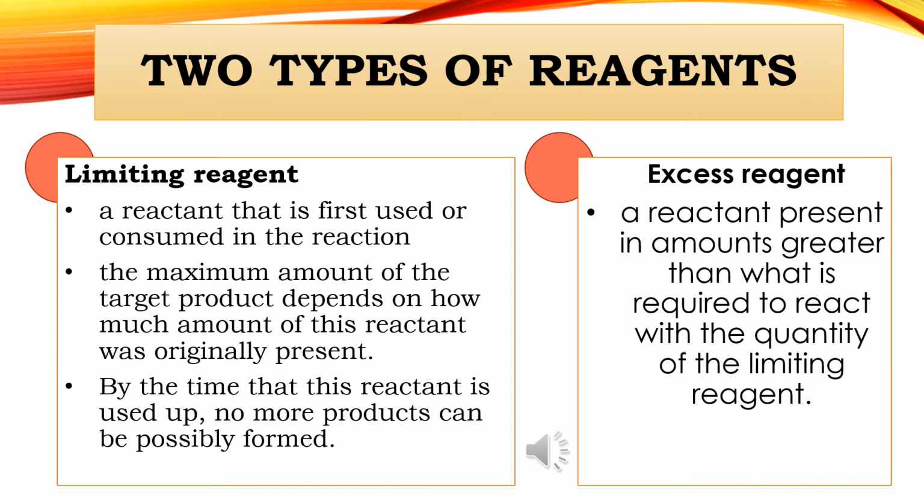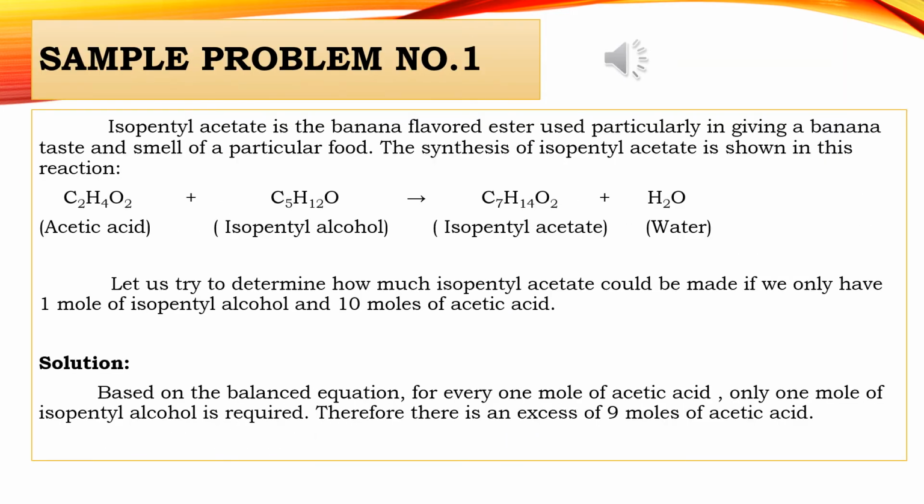While excess reagent refers to a reactant present in amounts greater than what is required to react with the quantity of the limiting reagent. Let us now apply these concepts in solving chemistry-related problems. Sample problem number 1.